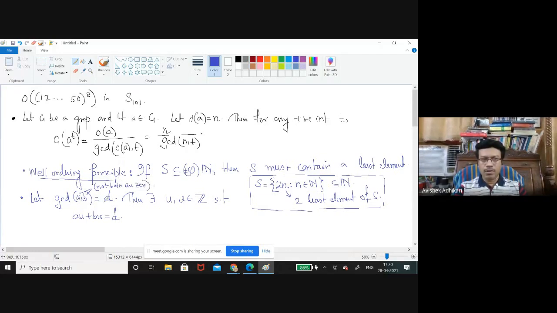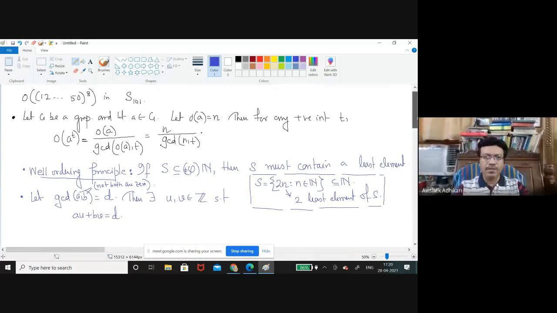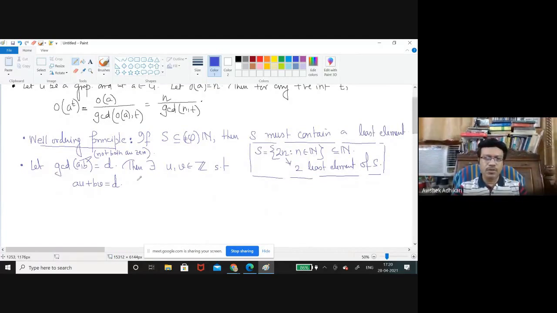So when I'm talking about GCD, at least one of A and B must be non-zero. And if D is the GCD, then there exist integers U and V such that AU plus BV equal to D. Now my question is, is the converse true? That means if you can write D as a combination of some U and V with A and B, will you be able to claim that this D is the GCD?